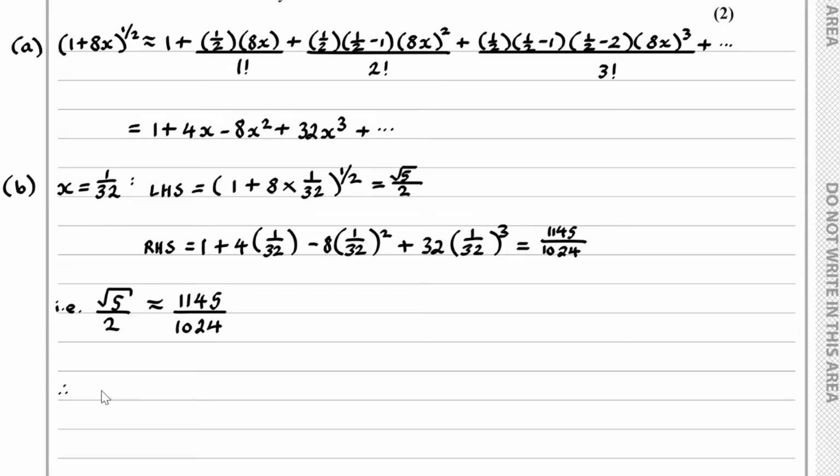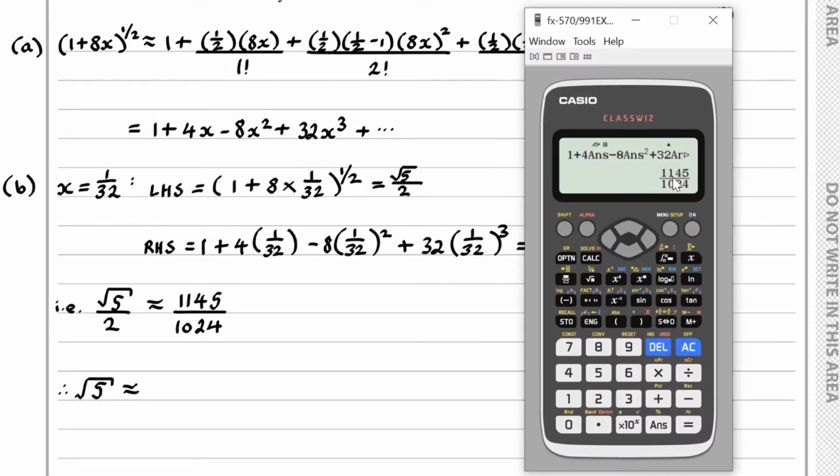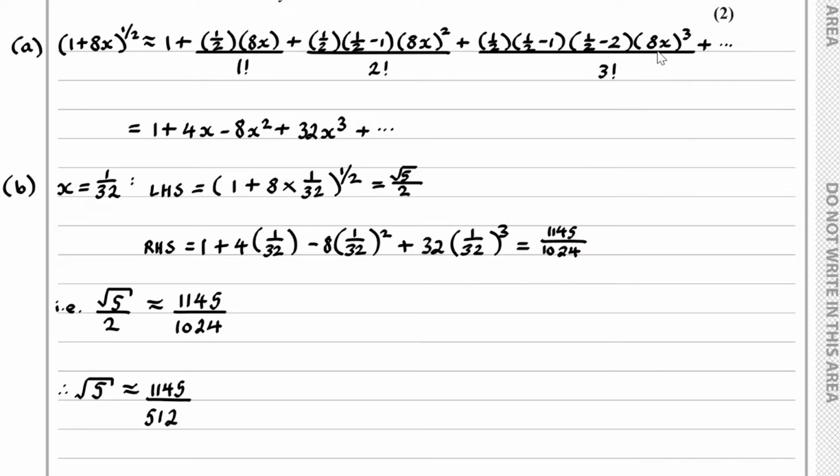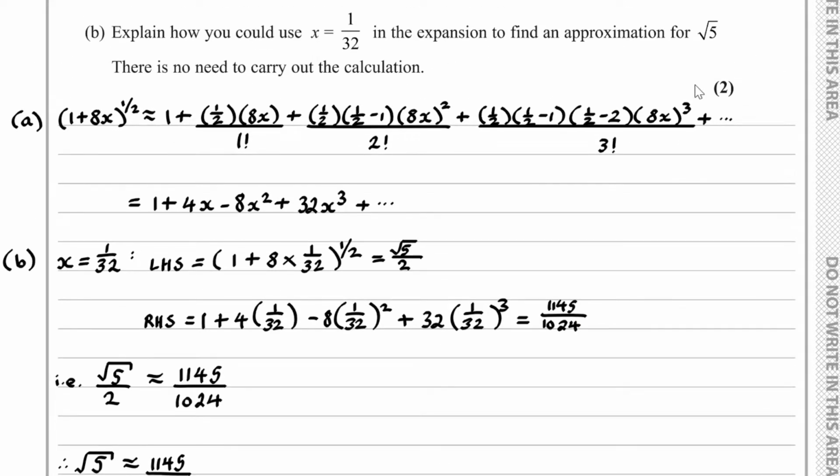So therefore, root 5 is approximately equal to this value multiplied by 2, which is 1145 over 512. And the way I've set it out over here is the safest way to ensure that you get the marks required.